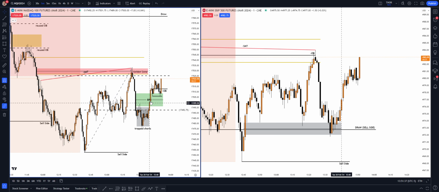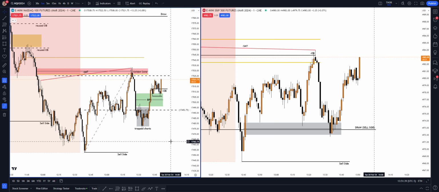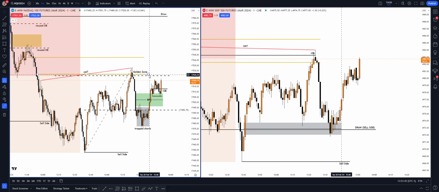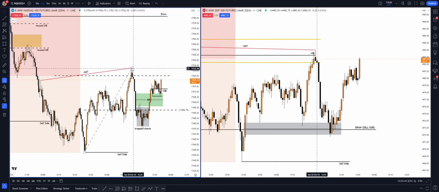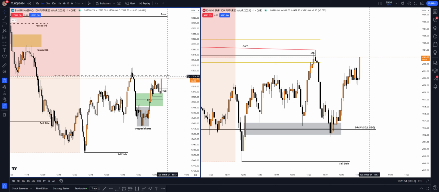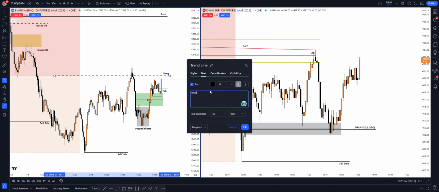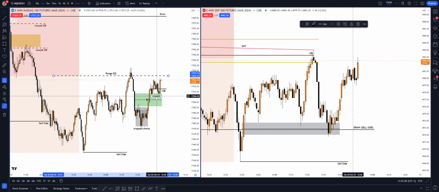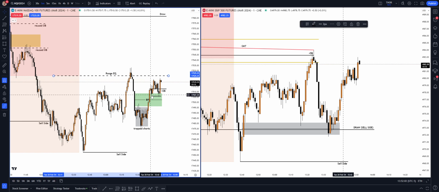Absolutely. Once this BPR failed, it's gone. In fact, let me just delete all these because they're now irrelevant. This is also irrelevant. We have a range EQ here. That's how I anticipated the turtle soup.